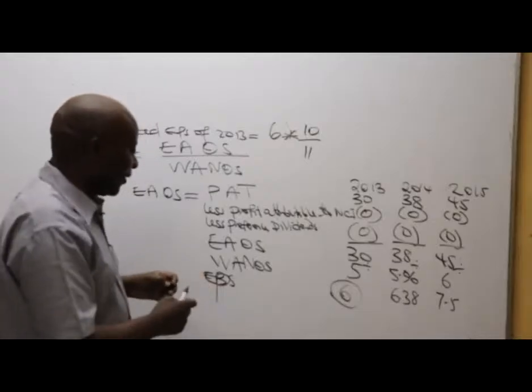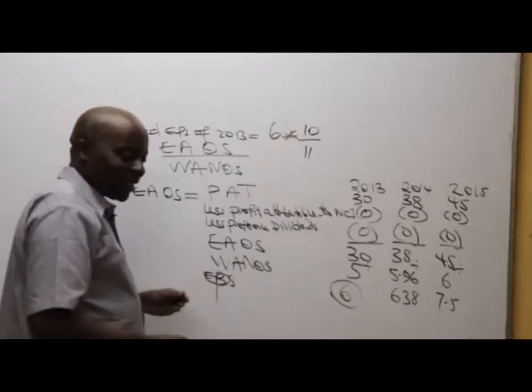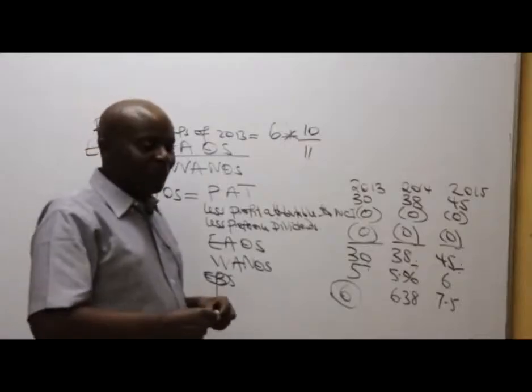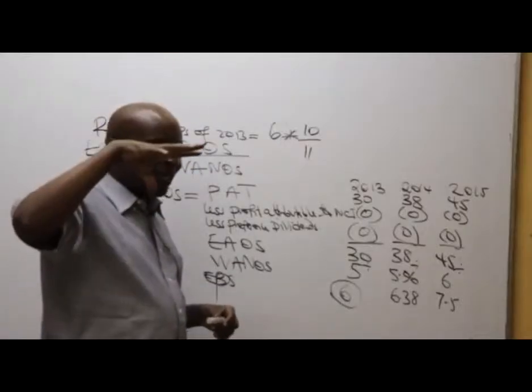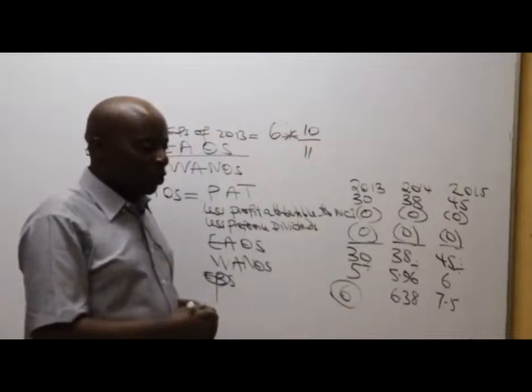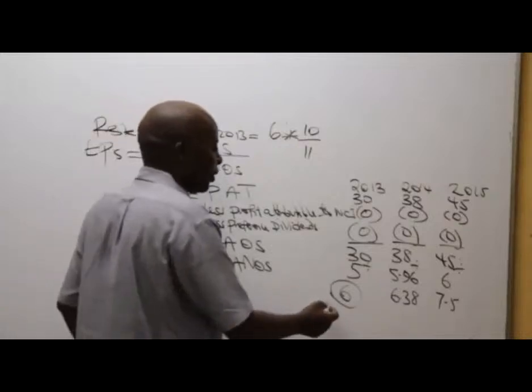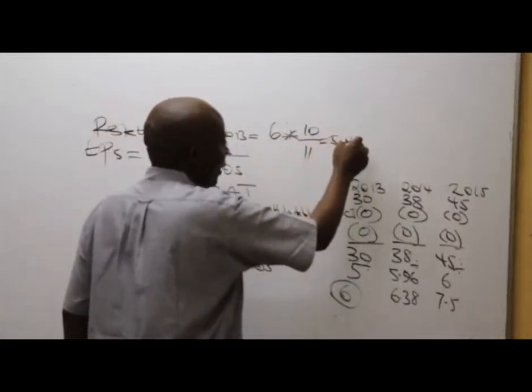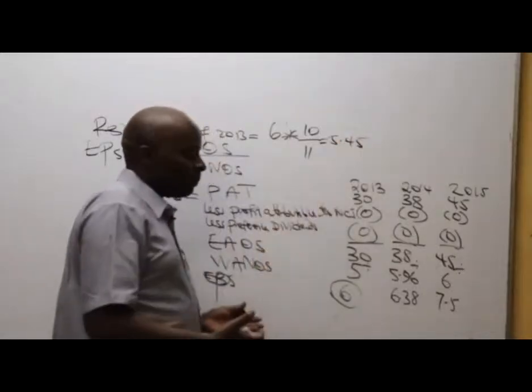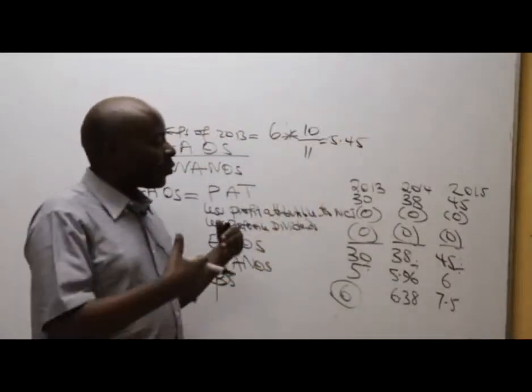So remember the bonus fraction was 11/10. Now here we have to do the opposite. So it's 5.45. So the restated here becomes 5.45.